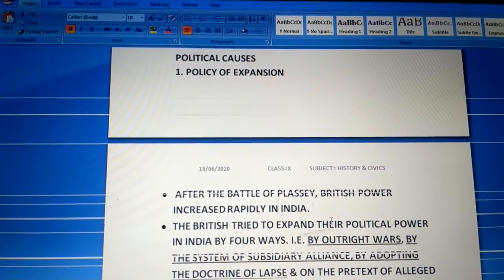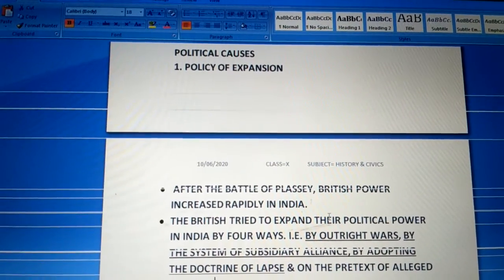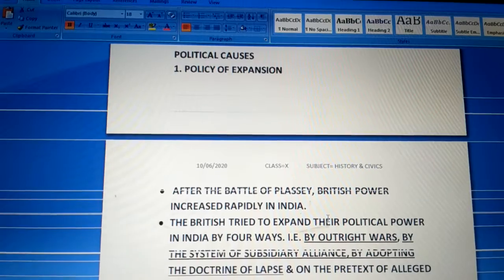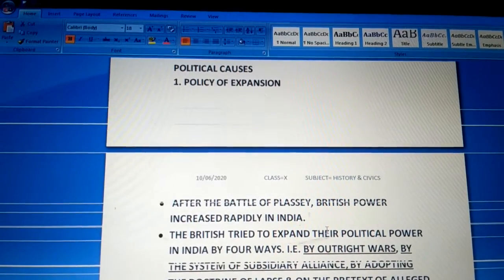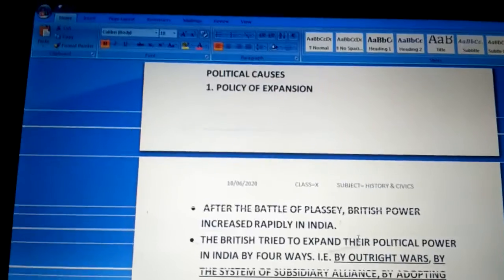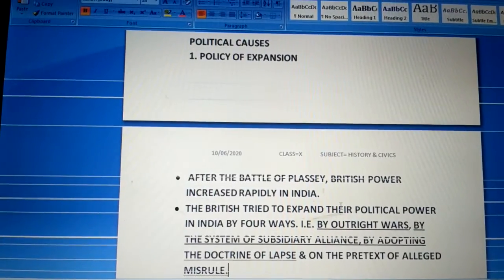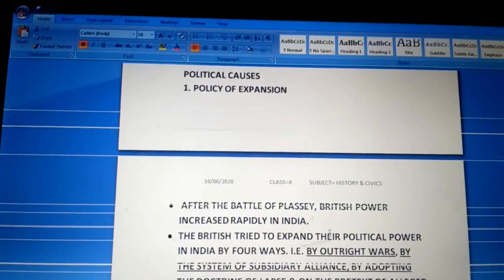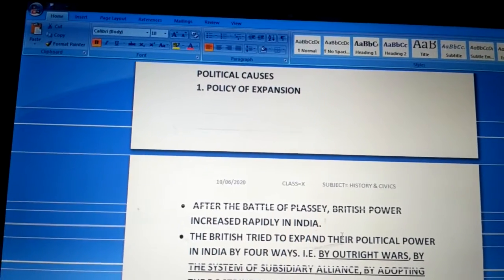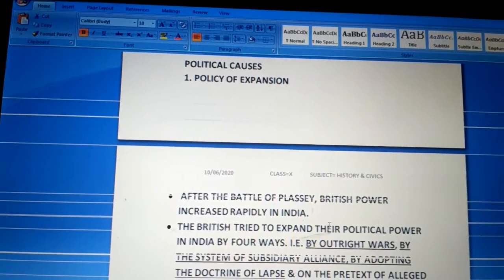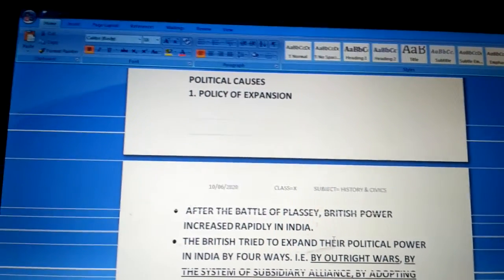By 4 ways. What were they? By outright wars, by the system of subsidiary alliances, by adopting the doctrine of lapse, and on the pretext of alleged misrule.